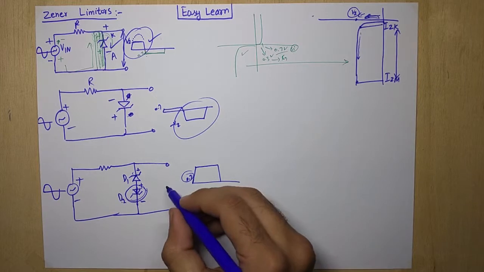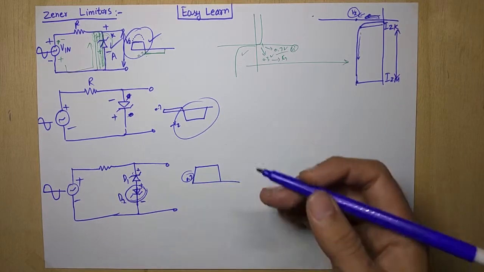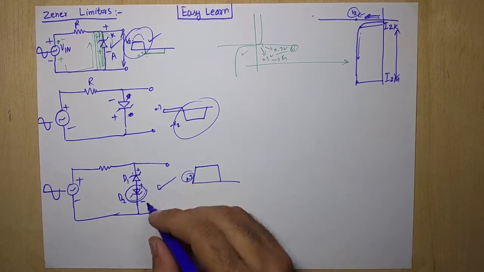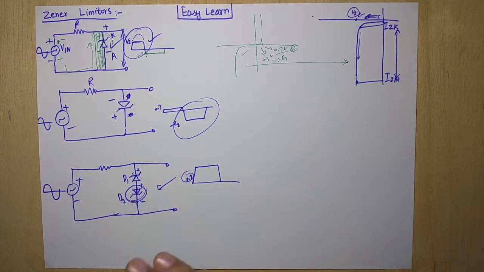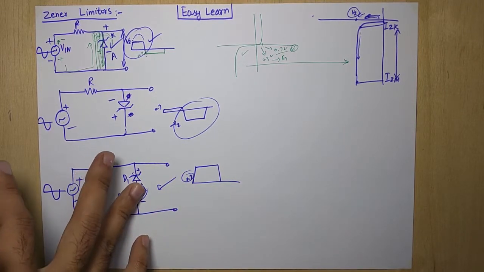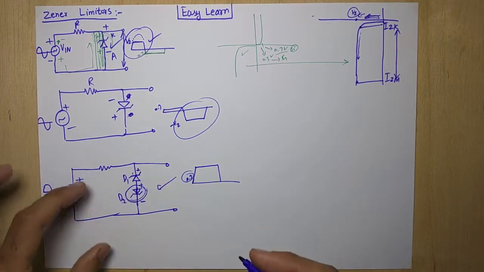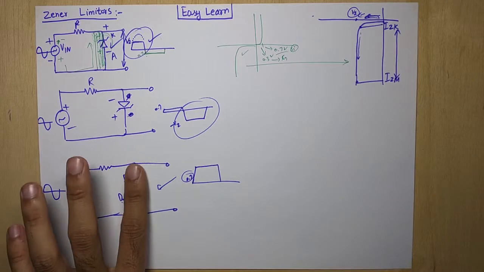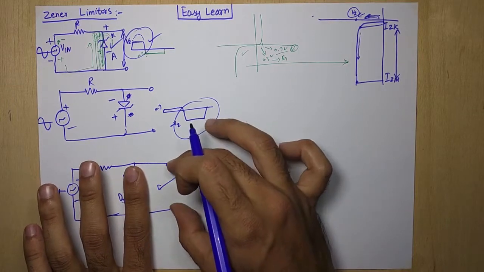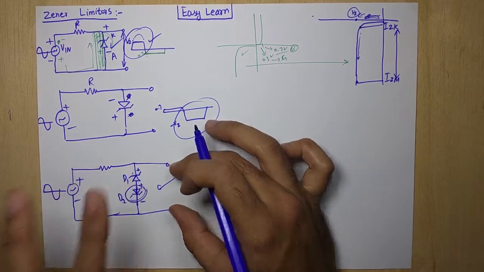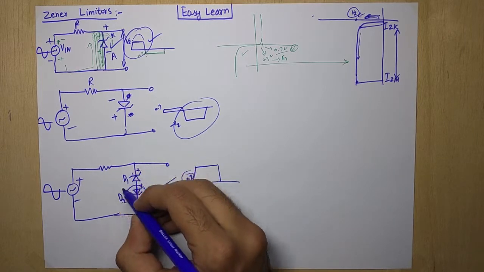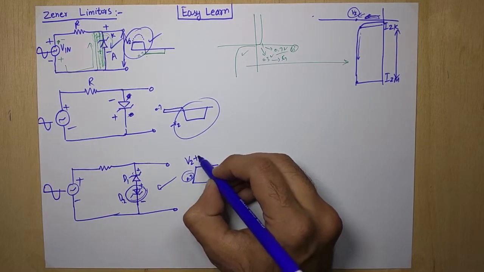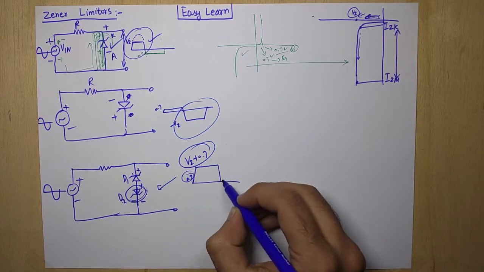So an additional 0.7 volt is received at the output due to D2, because D1 will not conduct and behaves like an open circuit, so the current reaches the output at 0.7 volt. Then D1 will start operation, so the Vz of D1 plus 0.7 volt is received at the output.